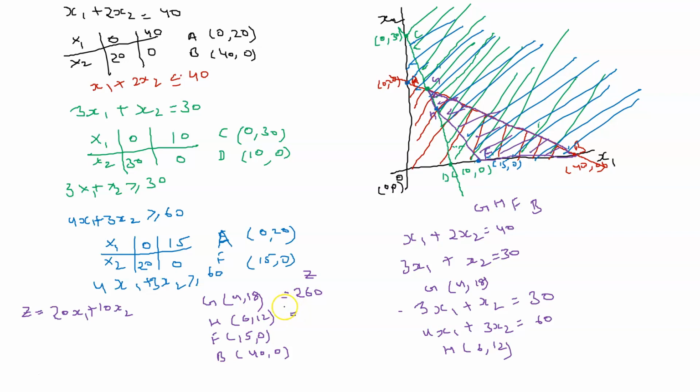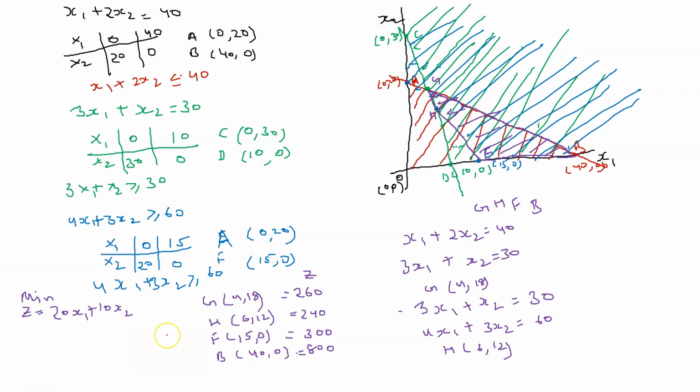For H, it is 120 plus 120, which is 240. For F, 15 into 20 is 300. For B, 40 into 20 is 800. Our objective is to find the minimum value. What is the minimum value out of these?